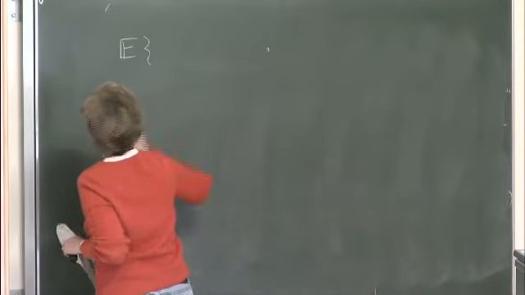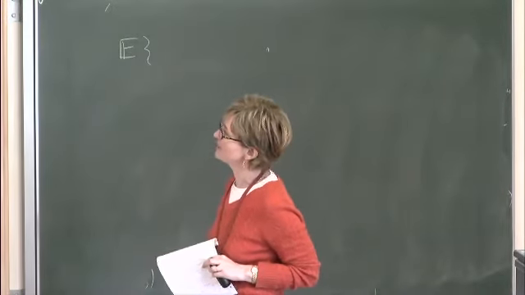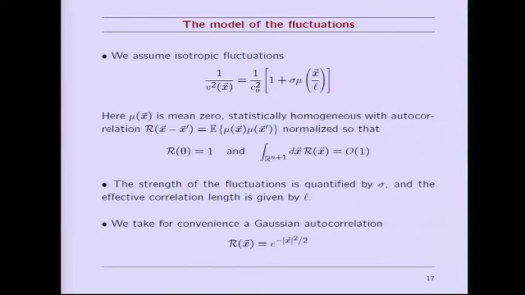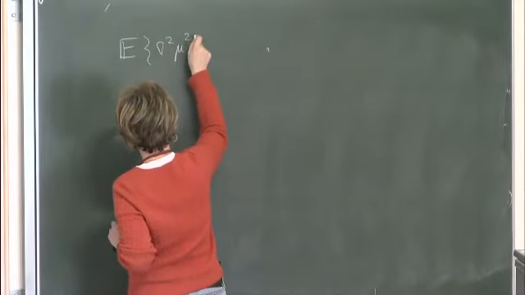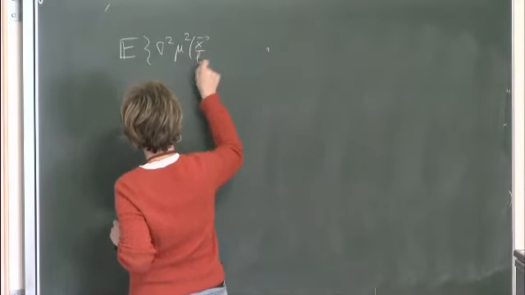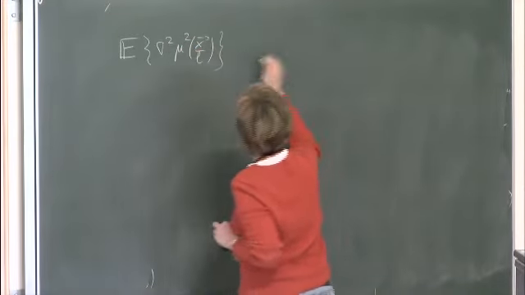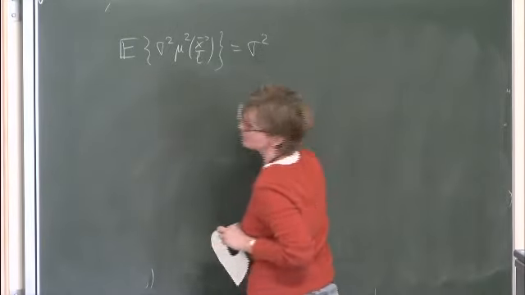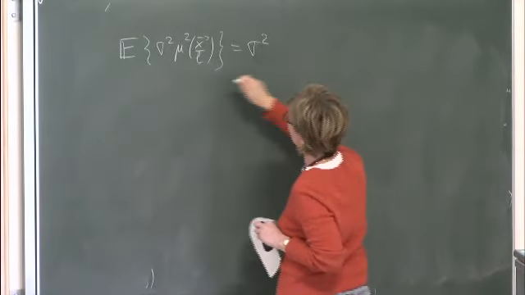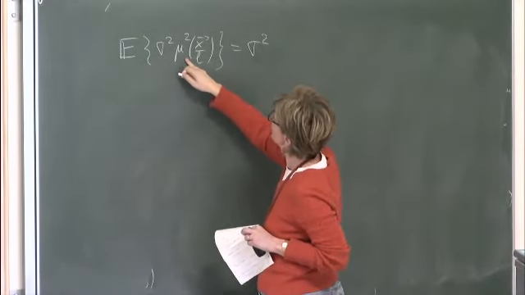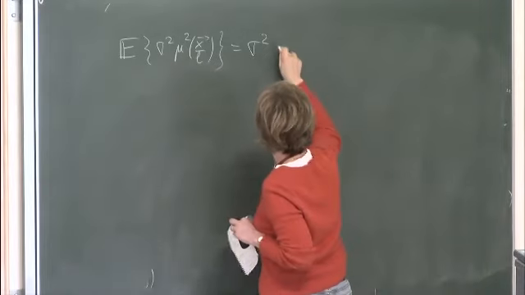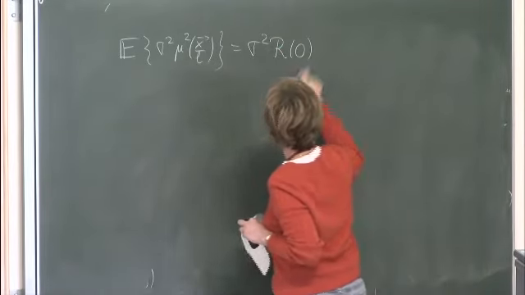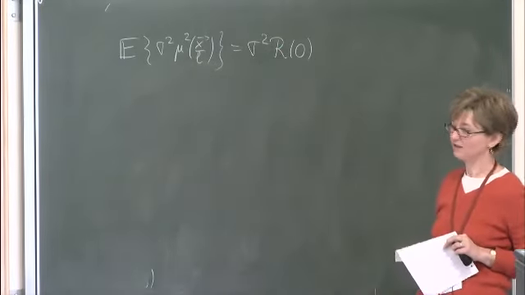Of course, if you look at the mean of the fluctuations, that's clearly 0, right? That's what I say. Now, if you look at the intensity of the fluctuations, as I model them there, well, sigma is just a number, so it gets out. And now you have the expectation of mu squared, and that is just the autocorrelation evaluated at 0.